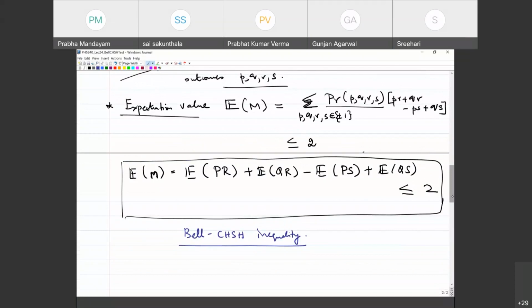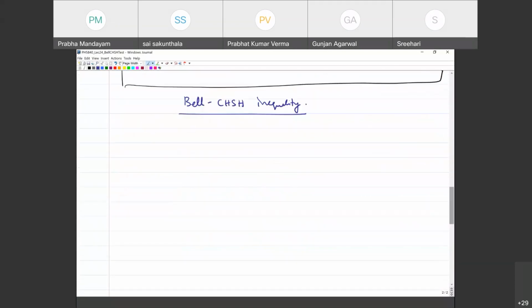So now, what happens in quantum mechanics? The key point is quantum theory allows for states and observables, and this is very important.